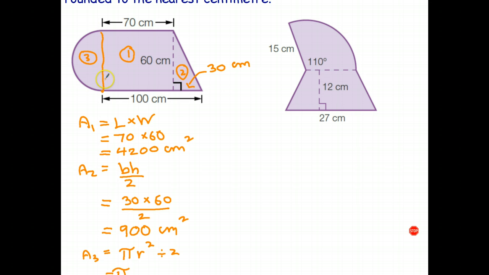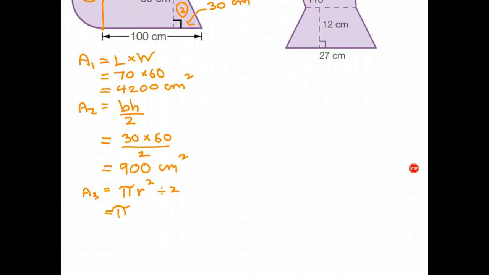That, of course, is the diameter. So the radius is going to be half of that. The radius is going to be 30. So you've got to be a little bit careful with radius and diameter. You don't always just use the number given in the diagram. You've got to use a little bit of common sense as well.